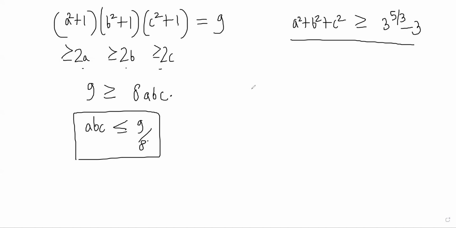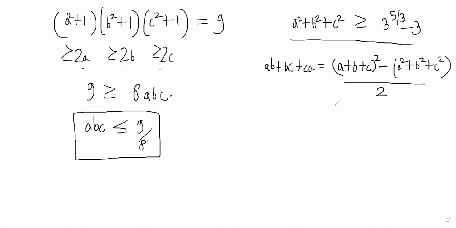So ab plus bc plus ca is equal to (a plus b plus c whole square minus a square plus b square plus c square) by 2. We have to somehow get an estimate of a plus b plus c whole square from here.